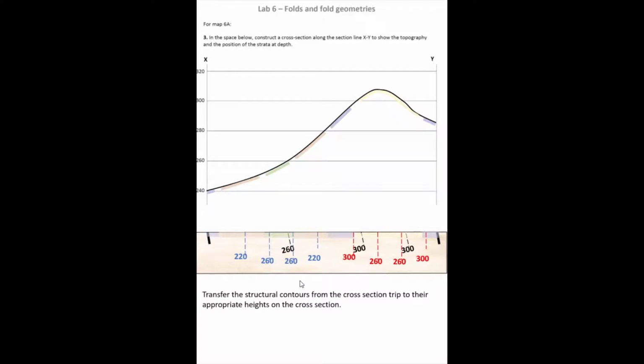So just like we did in lab number 4, where we had the contact between the breccia and the mudstone, what we're going to do is mark on the heights of these contacts at the appropriate height on our cross-section panel using the information we've gathered from our structural contours. So all of the ones in red are the contact between the yellow and the purple unit, and all of the ones in blue are the contact between the brown and the green.